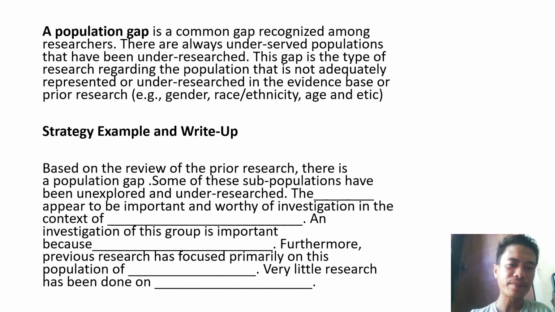For instance, the researcher conducted the study only inside the school, only for grade 7 and 8. Now you can use that, class. You can find this in the scope and limitation. You can use that as your research gap.